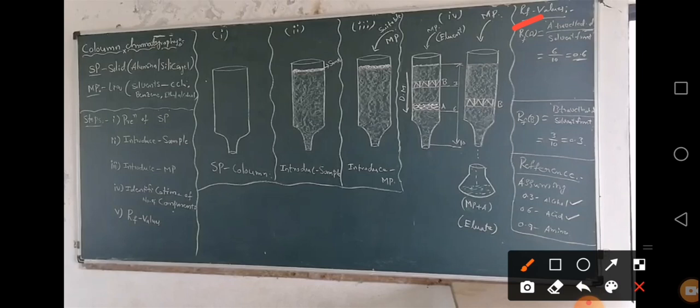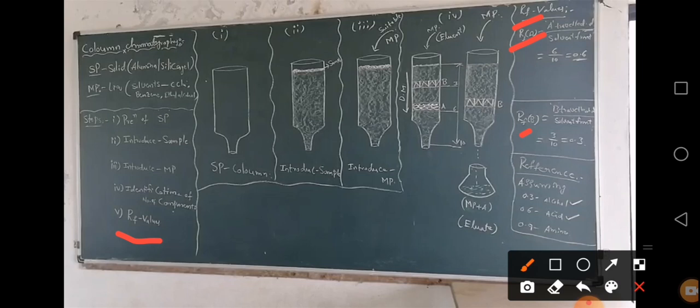RF means retardation factor. These RF values are able to determine the separated components, means which type of chemical composition they belong to. So RF of A equals the distance traveled by A by the distance traveled by solvent front. If you take RF of B, it is the distance traveled by B by the distance traveled by solvent front. Here RF of A, RF of B.